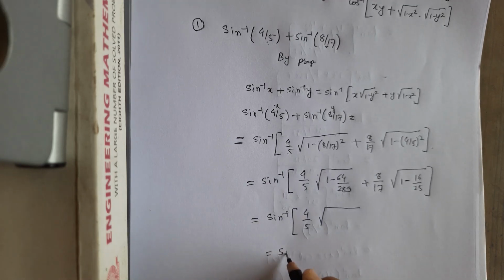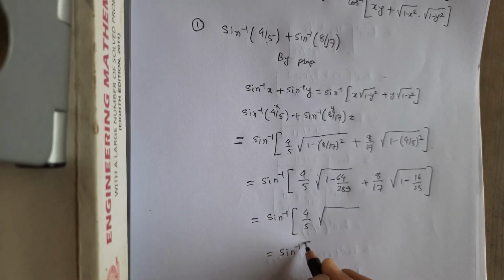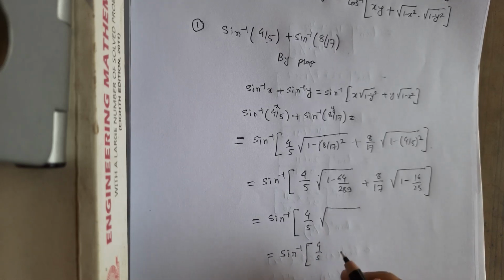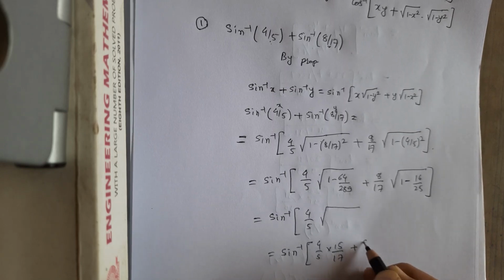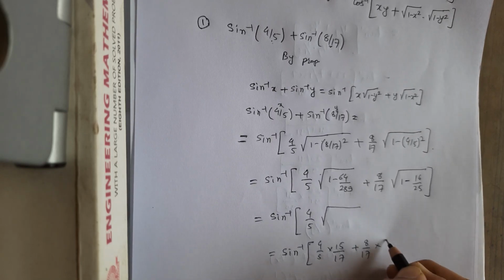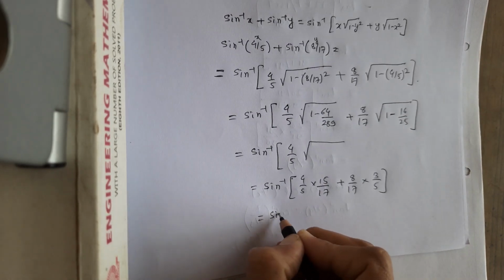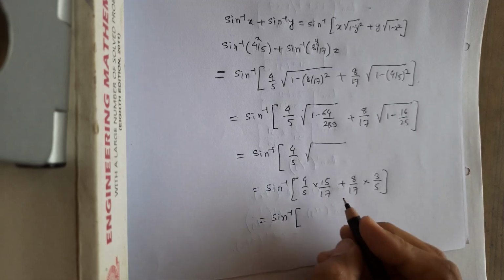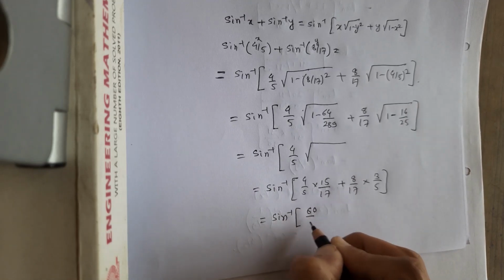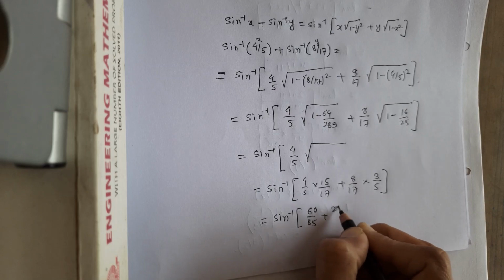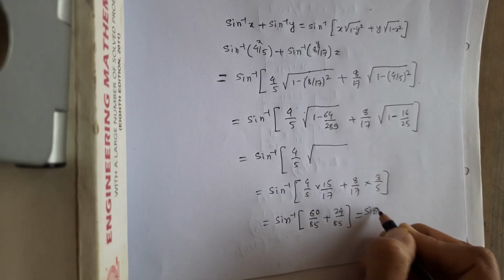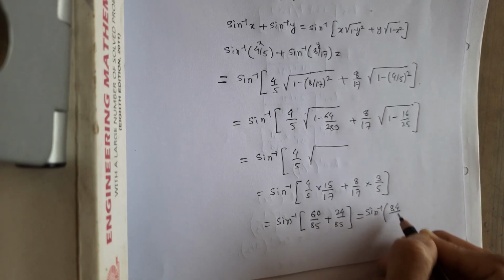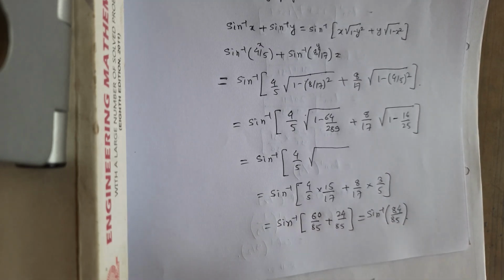Okay, so it's giving me sine inverse of, I just use a calculator to solve it, you can also use the same, 15 upon 17 plus 8 by 17 into 3 by 5, which is equal to sine inverse of 60 upon 85 plus 24 upon 85, which is equal to sine inverse of 84 upon 85, and that's the value that I got.